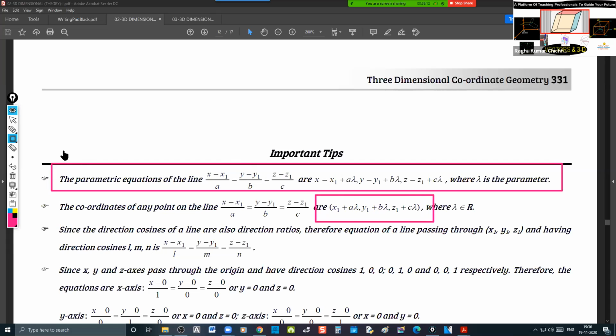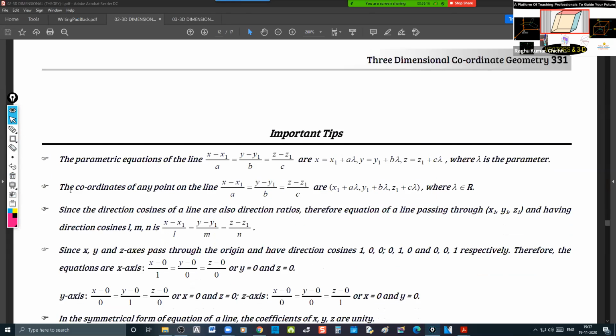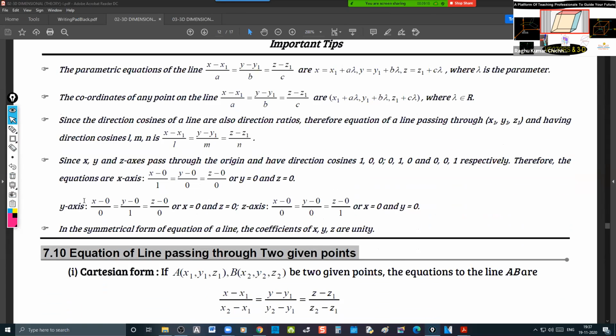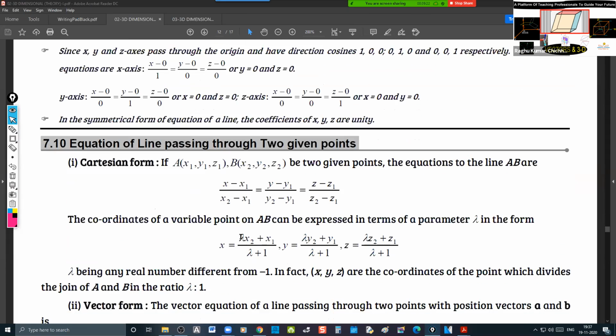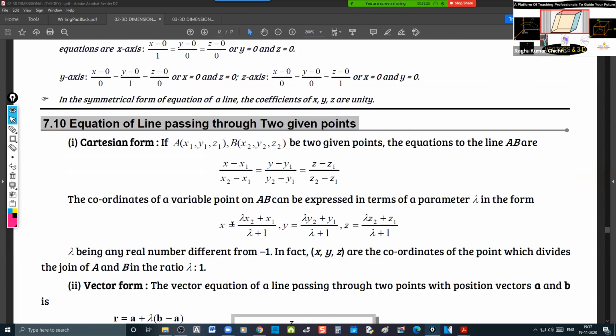Okay. Now, this is given to be the Cartesian form here. This is what I explained to you when the line is passing through 2 points. I said the denominators are replaced with x2 minus x1, y2 minus y1, z2 minus z1.